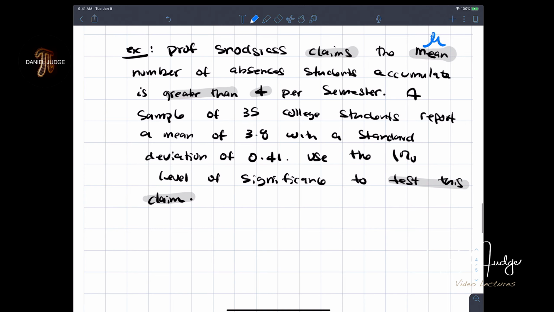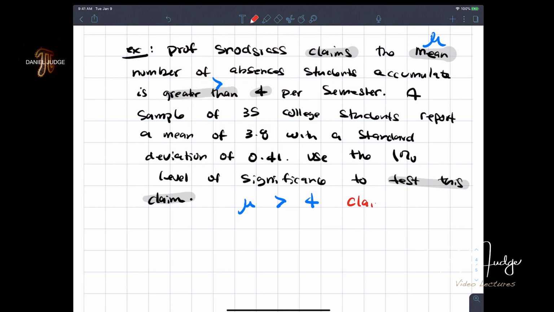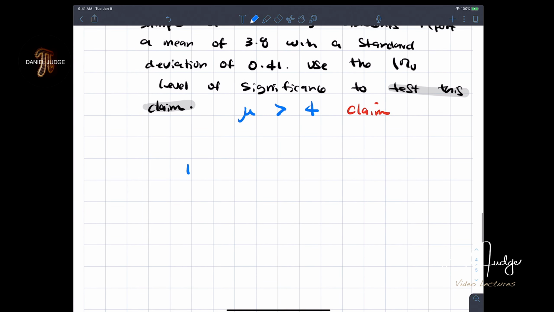So when I write this down, I'm saying, oh, mu greater than 4, that's the symbol. It's the greater than symbol. This is the claim. You go, okay, that's what Snodgrass is saying. Okay. We set up the hypothesis.